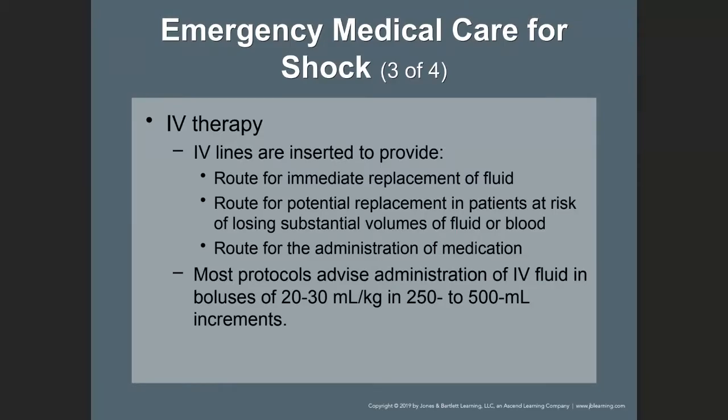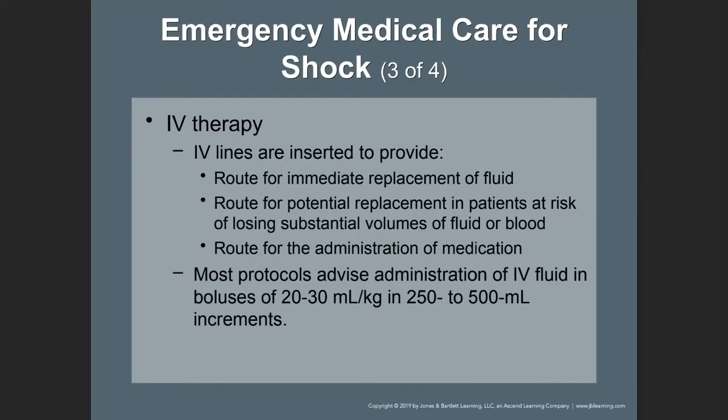You're going to give it incrementally, and incrementally it can be 250 or 500 mL. And what it means is after every incremental administration, you're going to reevaluate the patient's mental status. You're going to listen to their lung sounds, especially the geriatric patient. You're going to monitor the heart rhythm, right? You're going to look at the blood pressure.